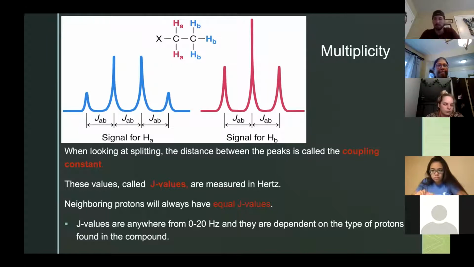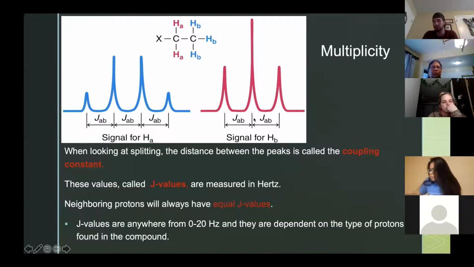And the J values, so when you look at this picture, you see the JAB, so that's the J value. These J values will be equal for neighboring protons. Each of these J values will be equal to each other, and separate from that, these two will be equal to each other.